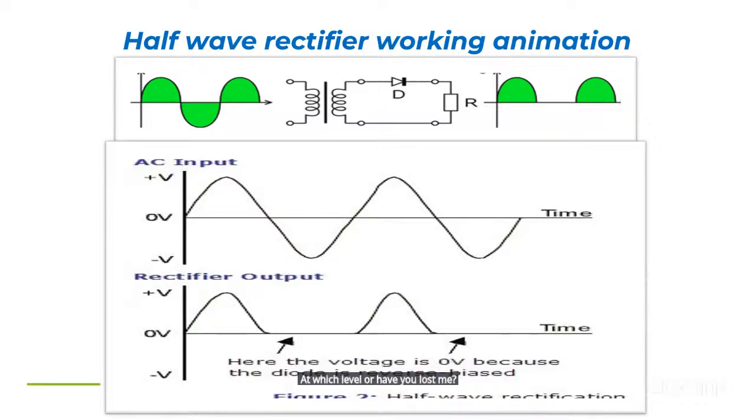Okay. So I was saying, half-wave rectifier: in half-wave rectification, either the positive or negative half of the AC wave is passed and the other one is blocked.